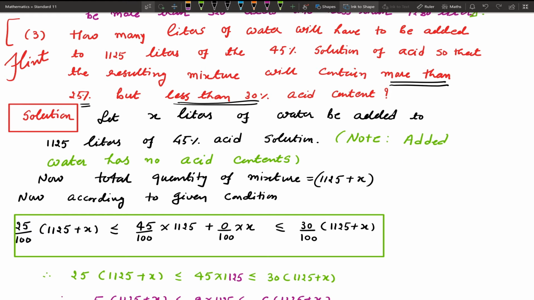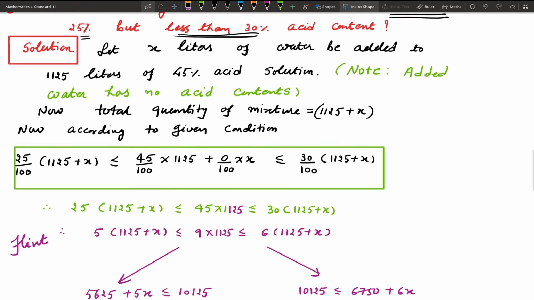These specific words, more than 25% but less than 30%, will be useful to construct the inequality. So the hint is already given. According to the previous sum you can solve it. I have already solved the problem.